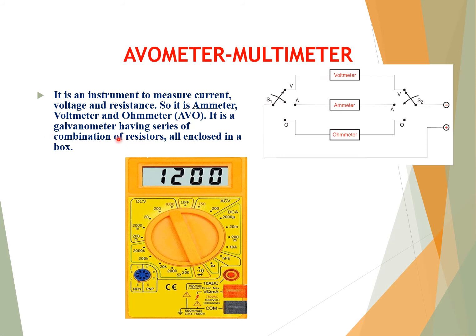It is a galvanometer having a series combination of resistors all enclosed in a box. So in AVOMETER, a series of resistors are connected in such a way that we can get a voltmeter, ammeter and ohm meter in the AVOMETER circuit.